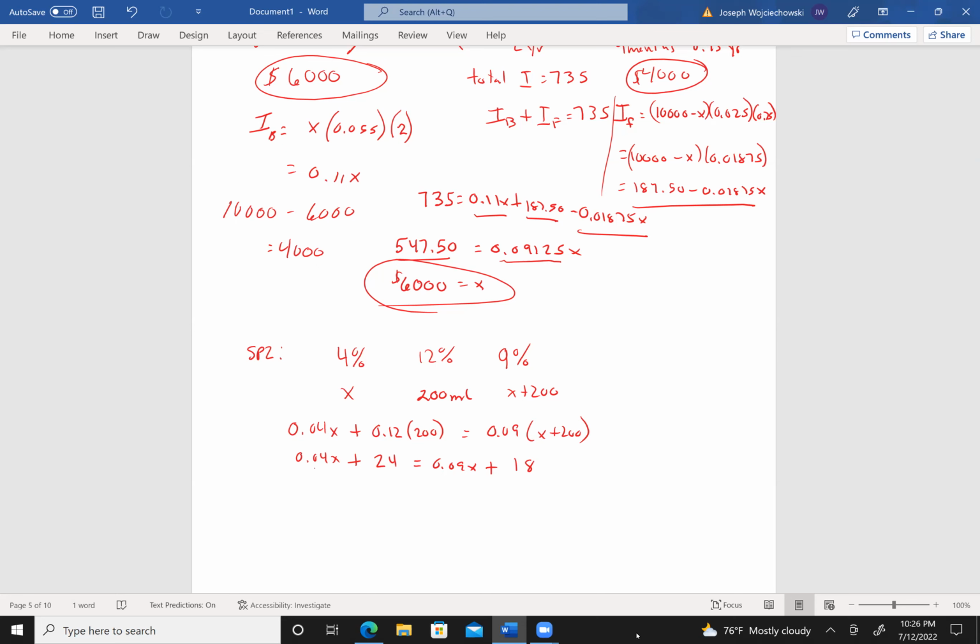So if I take this and subtract it from both sides, I get 0.05x. If I subtract this 18 here, I get 6. Then I divide by 0.05.